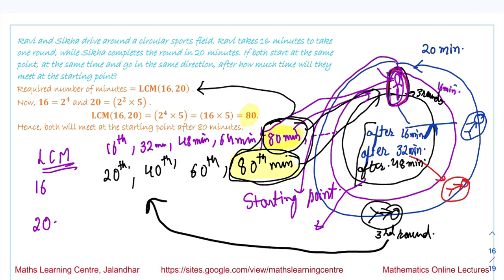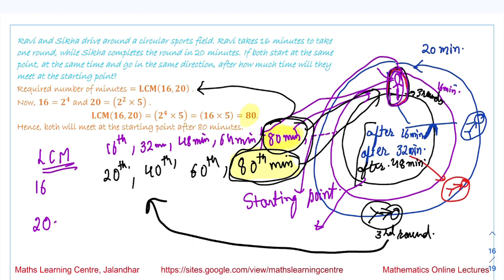Ravi is moving in the multiples of 16 minutes, and Shikha is reaching that point at the multiples of 20 minutes, and we are calculating the least common multiple. That is the first time they will meet, the least common multiple of both the values 16 and 20.